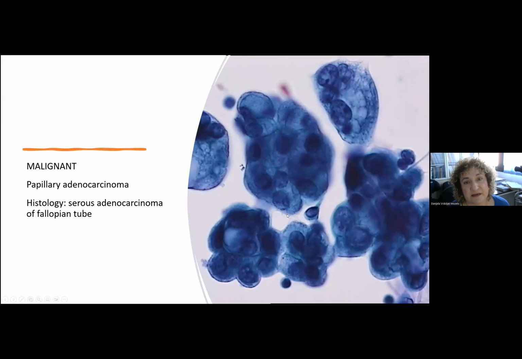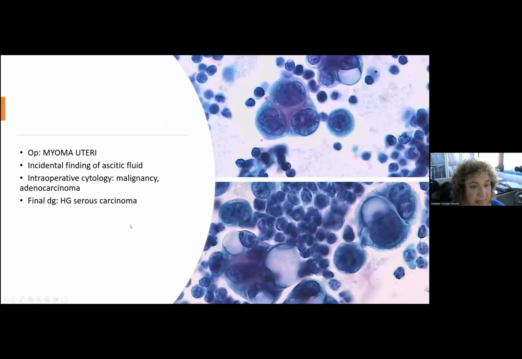You can see here large nucleoli with irregular chromatin and large anisonucleosis and anisocytosis, and these small papillary structures typical for the serous adenocarcinoma.